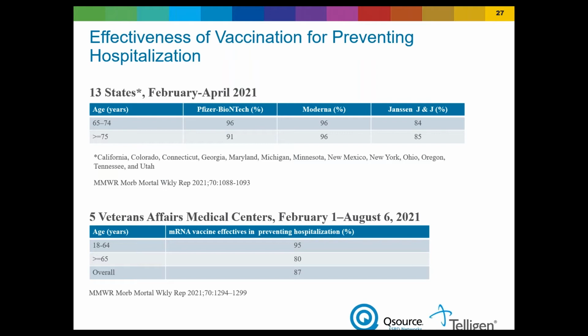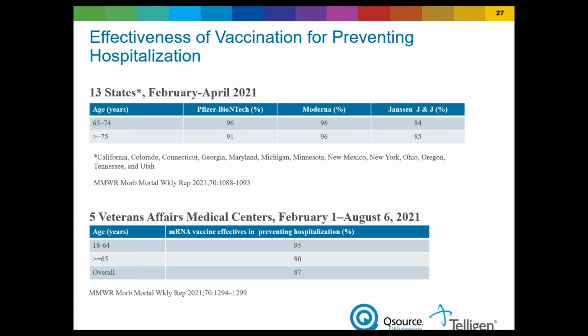In both age groups, the mRNA vaccines have very high efficacy rates in reducing hospitalizations, 96% for both vaccines between the ages of 65 and 74, and over 90% effectiveness for patients over the age of 75. J&J was still effective, but a little bit less than the mRNA vaccines, in the 85 range.